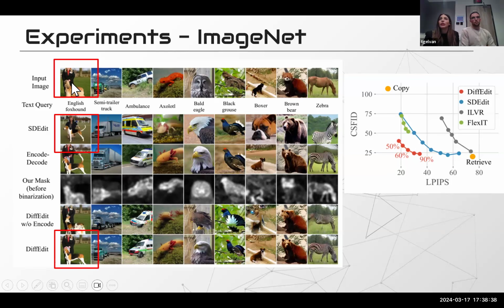Here we see this woman and the background, and in the SD technique, the background is totally different, and the woman is different. And here in DiffEdit, we preserve all the background, and just the dog is different in here. And we can see other examples.